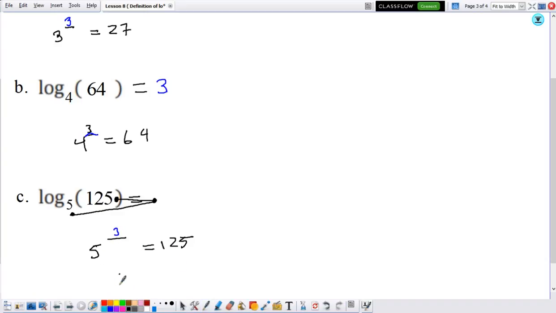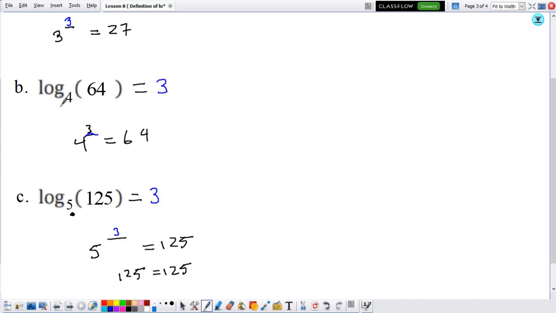So here we're claiming that 125 equals 125. The exponent that we needed was 3, so that means that our answer here is just 3. Because 5 to the third gives me what's inside the parentheses, which is 125.